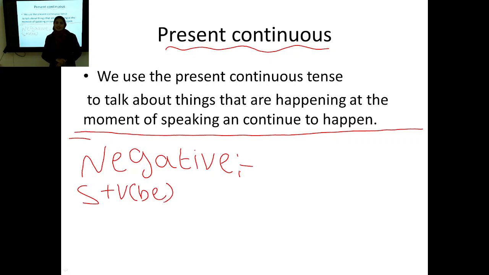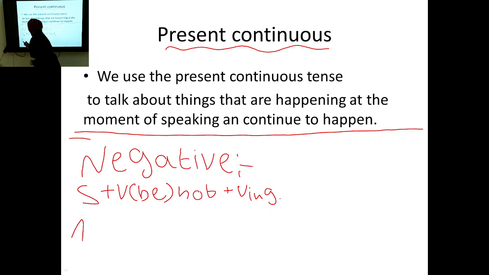What do we use in English to negate sentences? I'm talking in general. Yes, not. We add not. After that, verb ing. At the end of the sentence, we add a full stop or a period. Okay. For example, Ahmad is not or isn't.